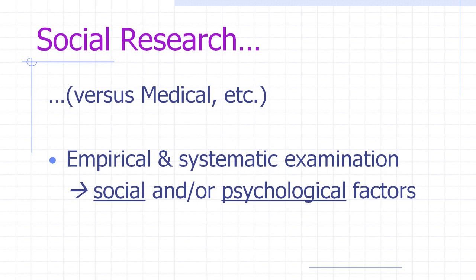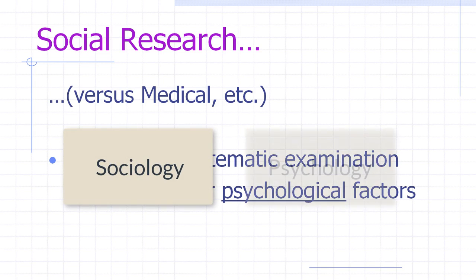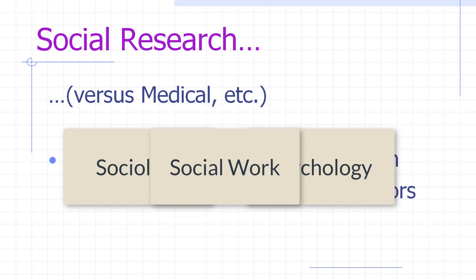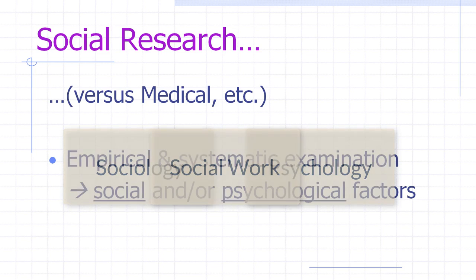Social research is conducted typically in fields like sociology or psychology or social work because we are interested in, not necessarily whether a particular drug works for a particular health condition, but more in terms of social problems and psychological behaviors and phenomena.